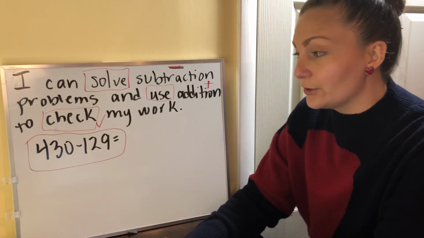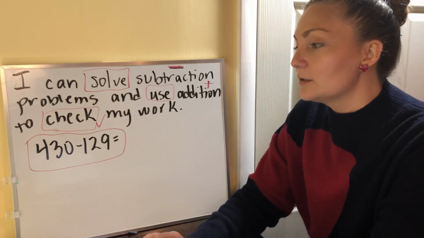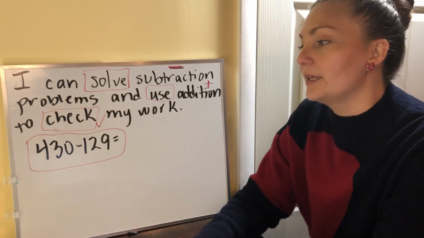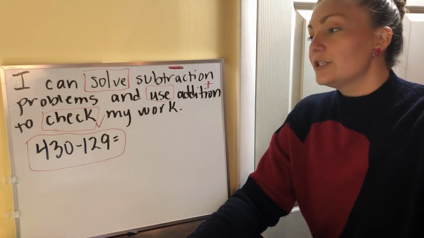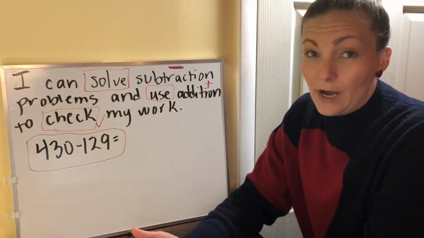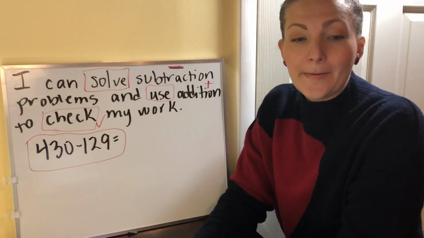So I've written our first problem of the day here on the board. It's 430 minus 129. So first I just want you to look at this problem and think about, what do you notice? What do you see? What kind of strategy would you use to solve it and why? So I want you to think about that for a couple minutes.